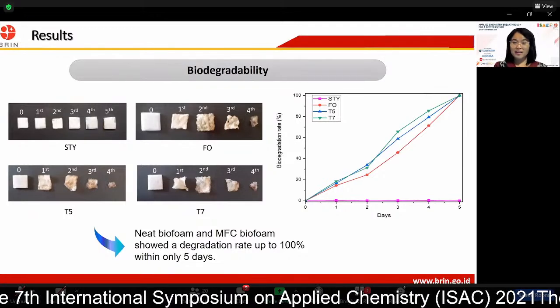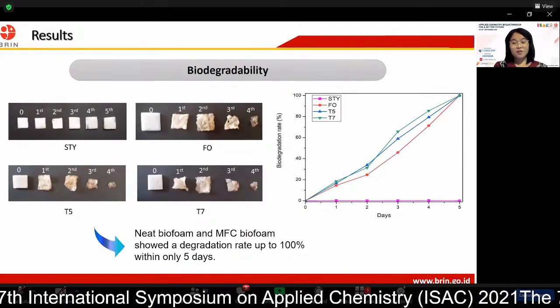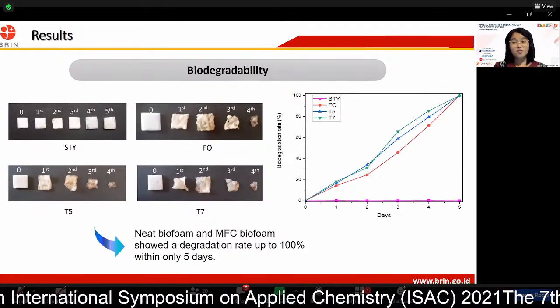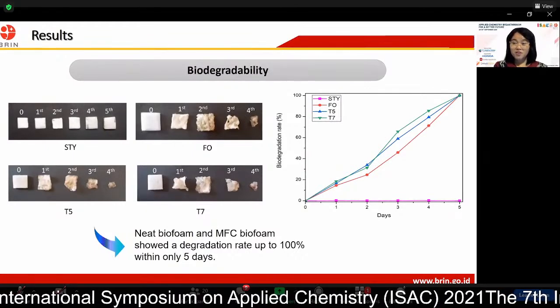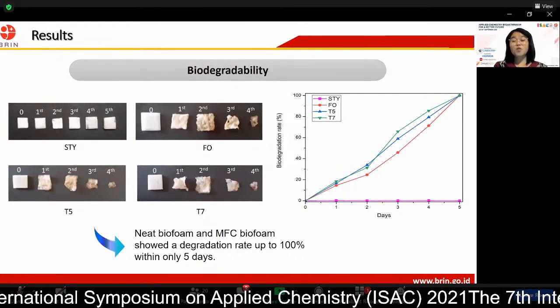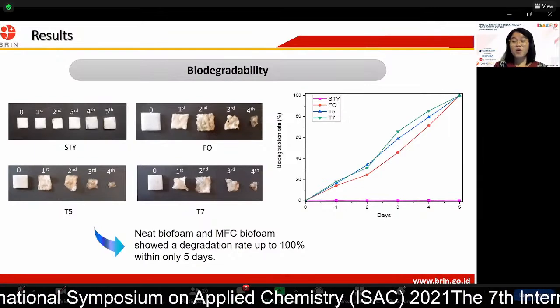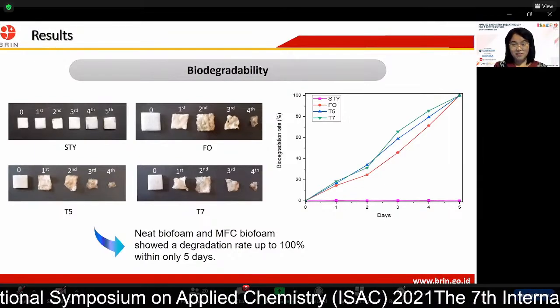So this result showed that this system of starch biofoam reinforced with microfiber cellulose is a potential and promising material for biodegradable food packaging.